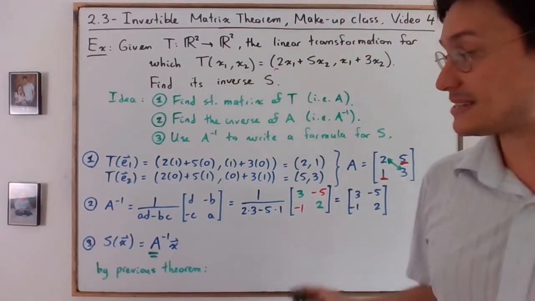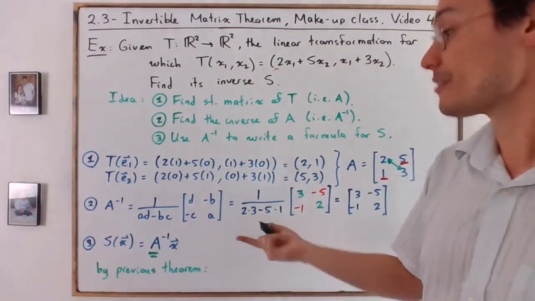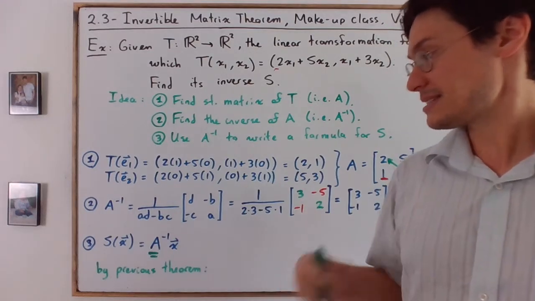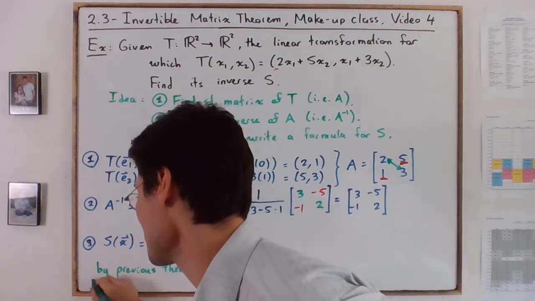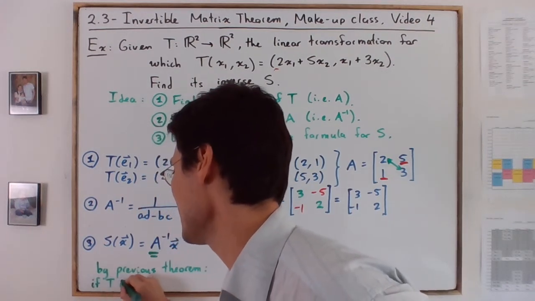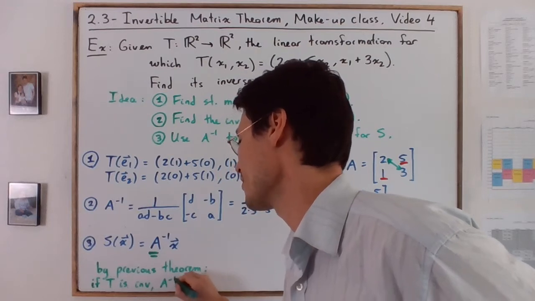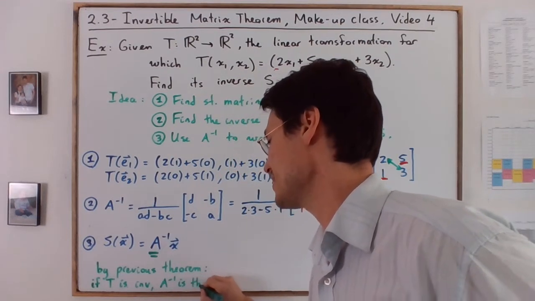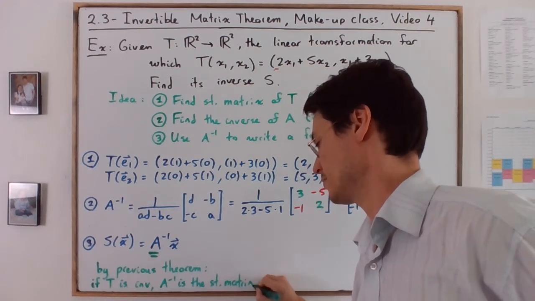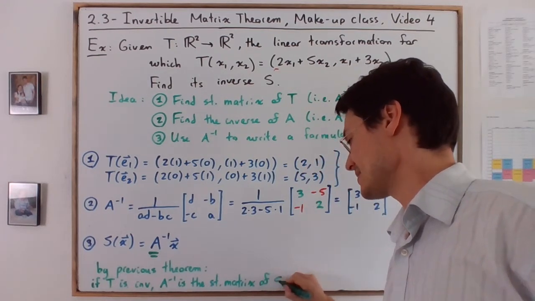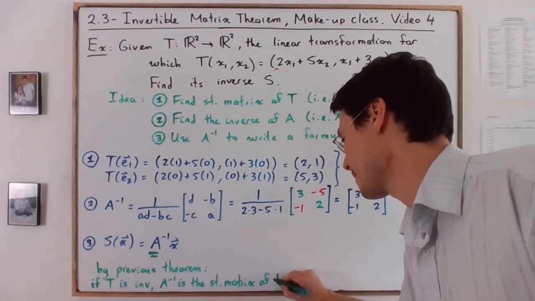What the theorem says is that if T is invertible, then the inverse of A is the standard matrix of the inverse of T. So just as a recap, if T is invertible, then A inverse is the standard matrix of S, of the inverse of T.